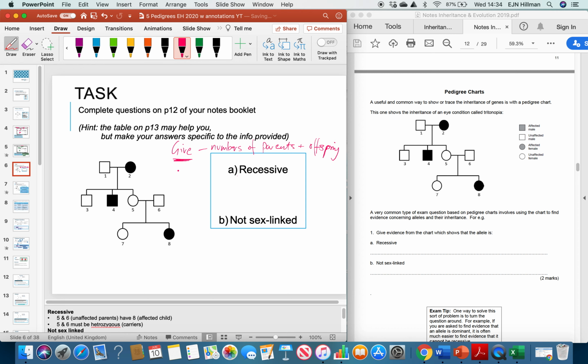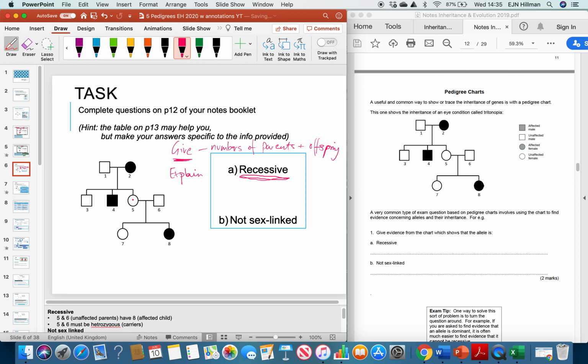If it were to say explain, we would then need to give a bit more detail. But for this question, it's just asking for give. So, if you want to provide evidence that this tritanopia is recessive, you need to look for 2 parents who are unaffected by tritanopia, but have an affected offspring.